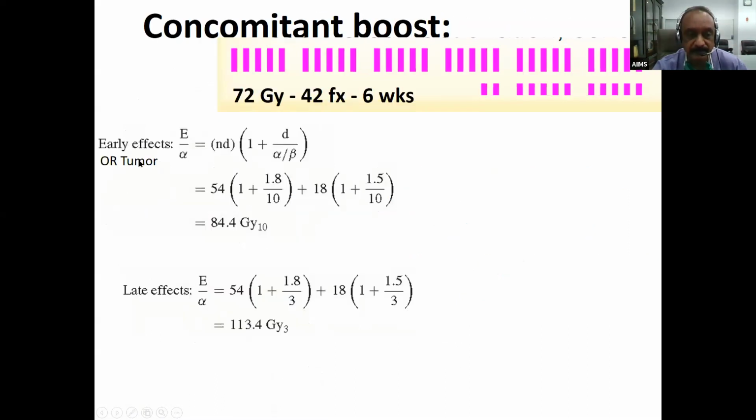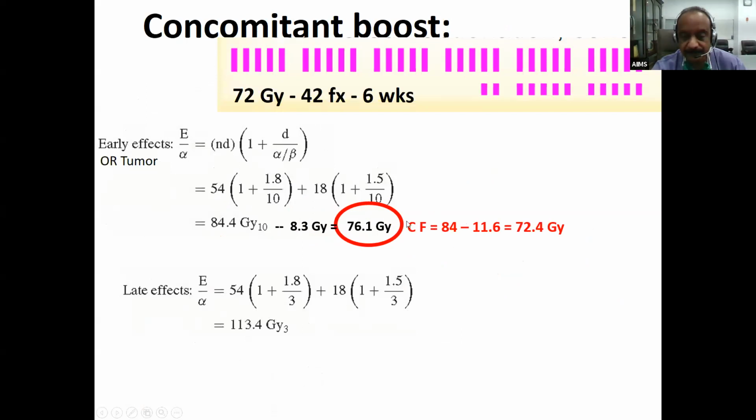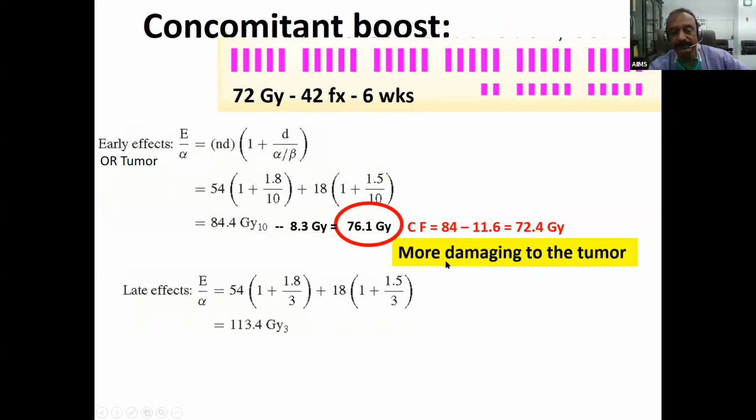And again, you can calculate the biological effective dose for tumor. Without time factor, it is 84.4, but it is a 6 weeks treatment. So naturally 8.3 Gray will go waste. So effective BED will be 76.1. And if you remember, with conventional fractionation, we have 72.4 Gray, which means if we treat with concomitant boost, it will be more damaging to the tumor.